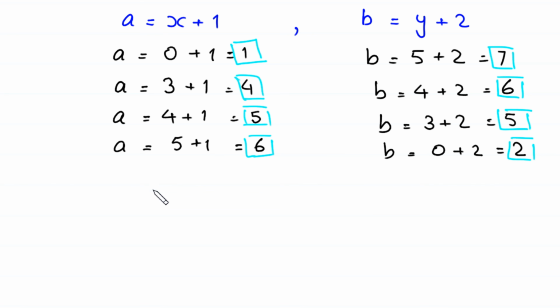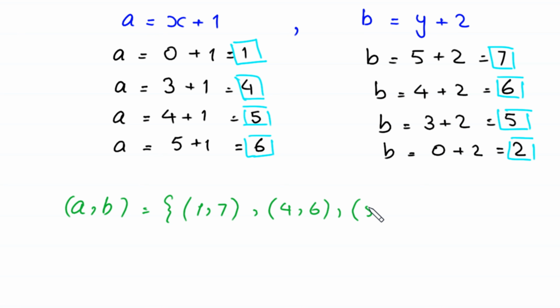So from here we get pairs of solutions of a comma b is equal to, first pair is 1 comma 7, and second pair is 4 comma 6, and third pair is 5 comma 5, and fourth pair is 6 comma 2. This is the final answer of this equation.